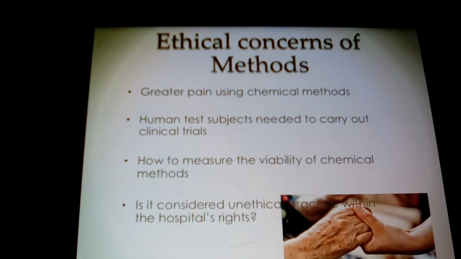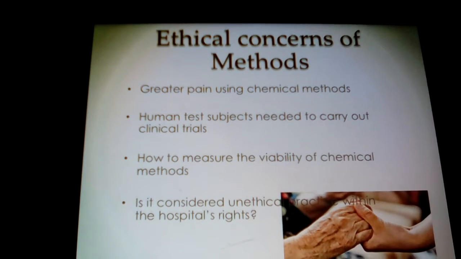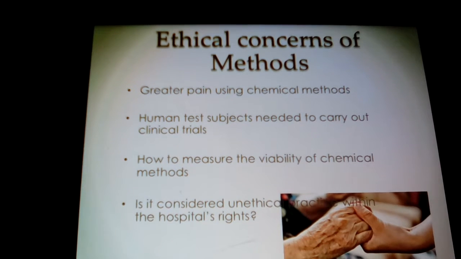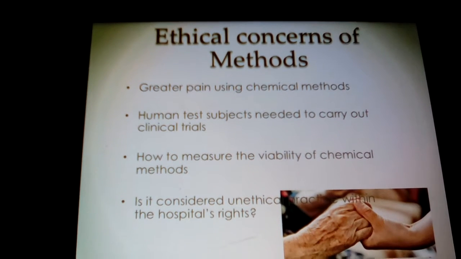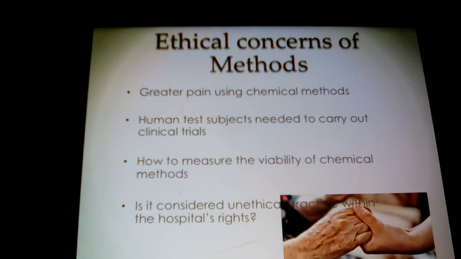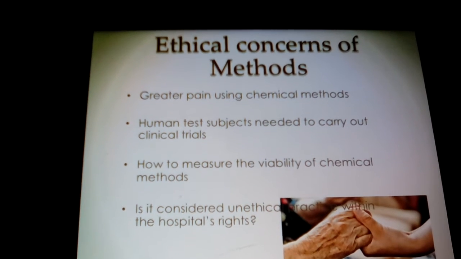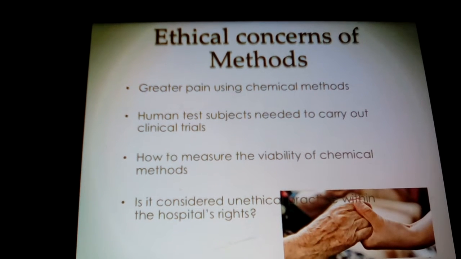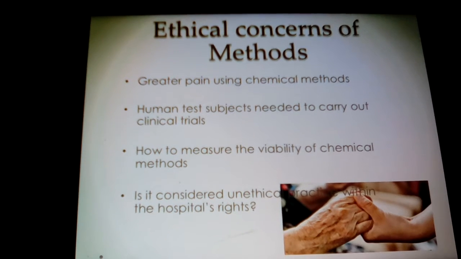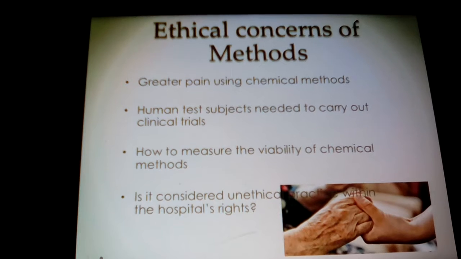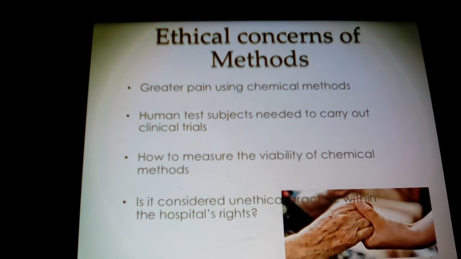And this is seen in the displacement of CO2 and sodium pentobarbital, where human test subjects needed to carry out clinical trials would not take place. Whereas traditional methods are still at the forefront of being viable for euthanasia.